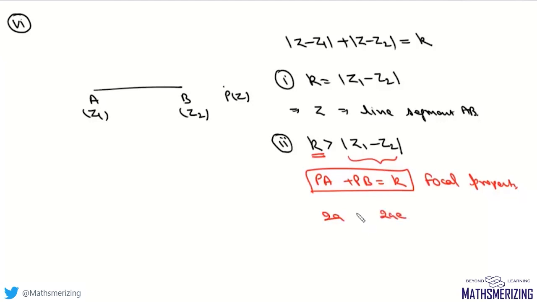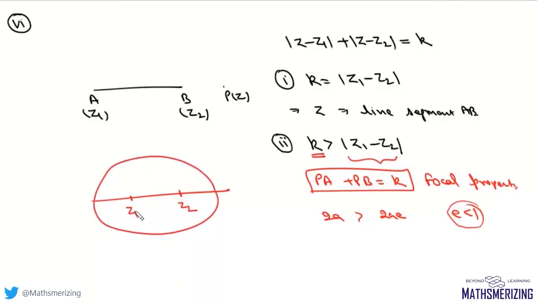And we know that in case of an ellipse, value of E is always less than 1. So if K is greater than mod of Z1 minus Z2, then this Z will lie on this ellipse whose focus is at Z1 and Z2, and length of whose major axis will be equal to K. And if this K is less than mod of Z1 minus Z2, then it doesn't represent any locus.